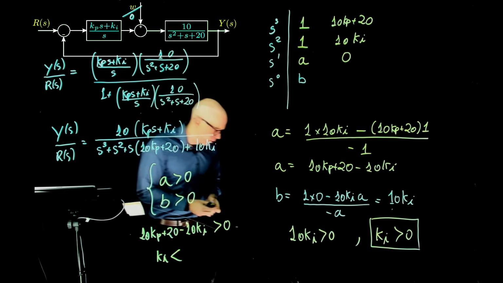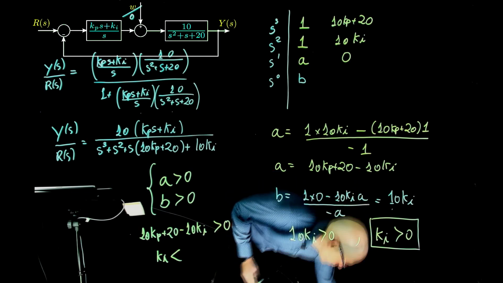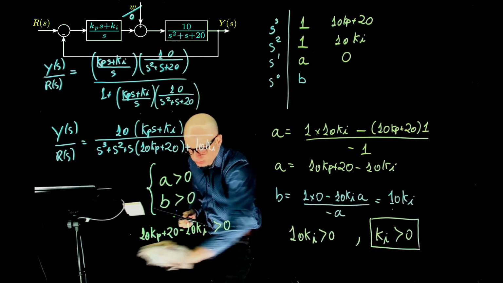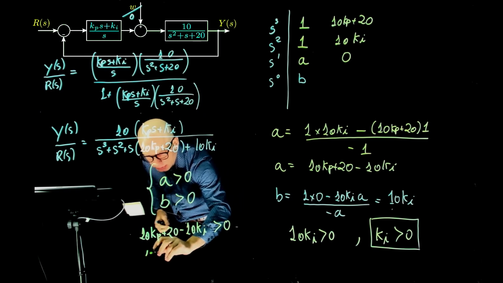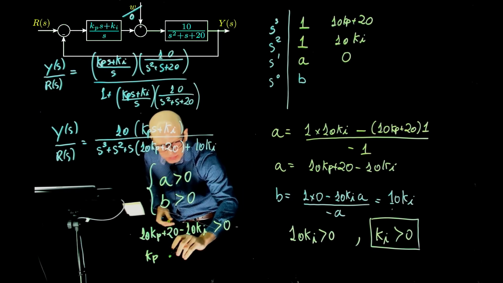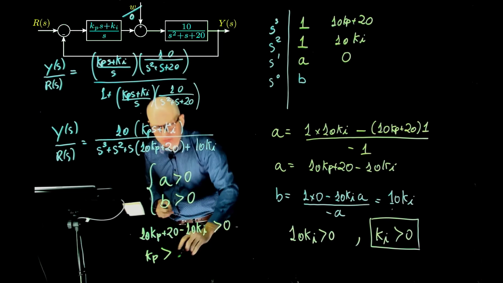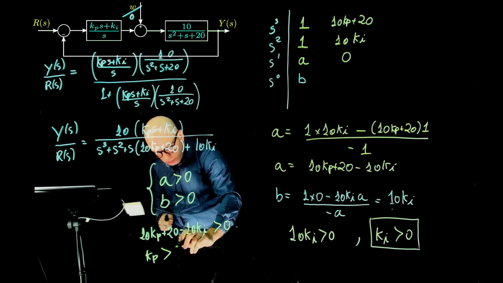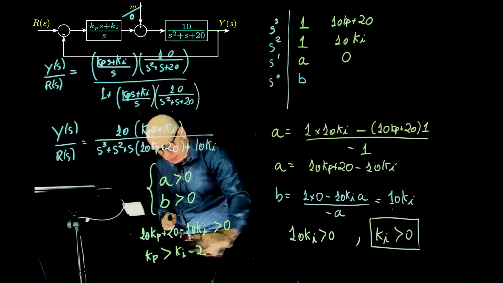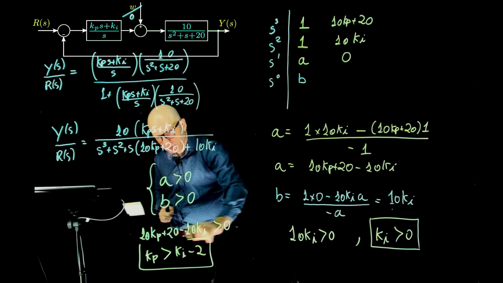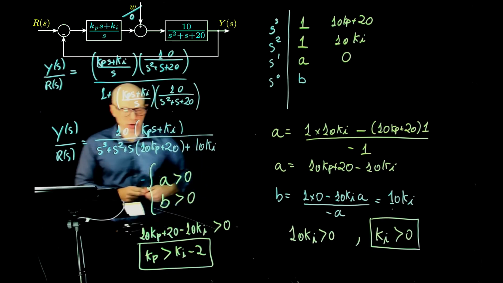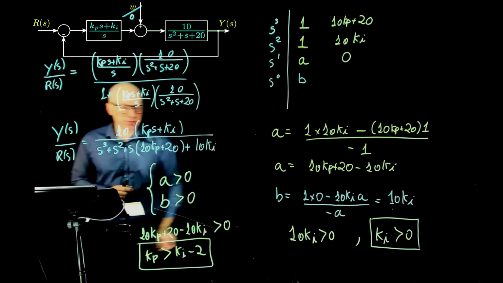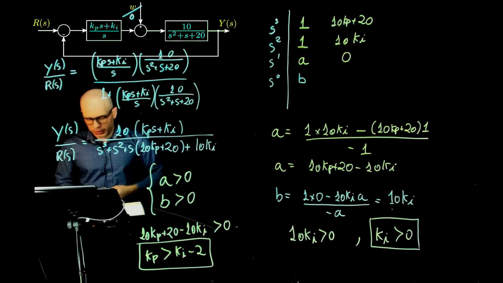We have a condition for ki there. Let's do kp. We have 10 kp, or just kp, greater than ki minus 2. I just divide everything by 10 and move these two terms to the right of the equation.